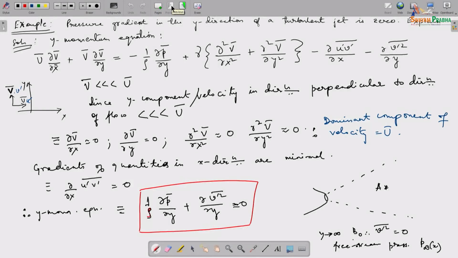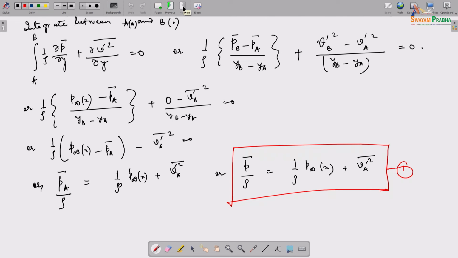This is the relation which the mean pressure will hold. And what I can see here is that there is no dependence of this pressure on anything in the y direction. However, the question was the pressure gradient in the y direction, so let us see what it is going to tell us. The pressure gradient is going to be 0. The pressure in the y direction at a particular location is not changing.